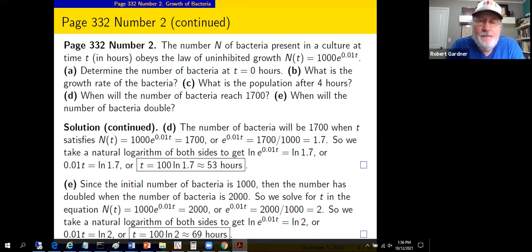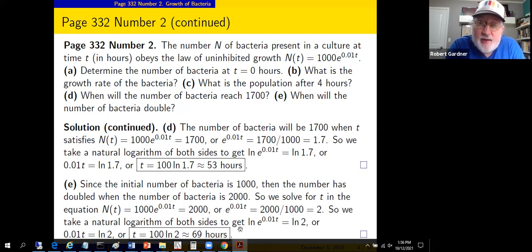Does the answer 69 hours make sense? Yeah. Remember, it took 53 hours to reach a population size of 1,700. So it's not unreasonable that it would take 69 hours, a bit longer than this, to reach a population size of 2,000. The growth of an exponential function is complicated. Is this value precisely correct? That, I don't know.